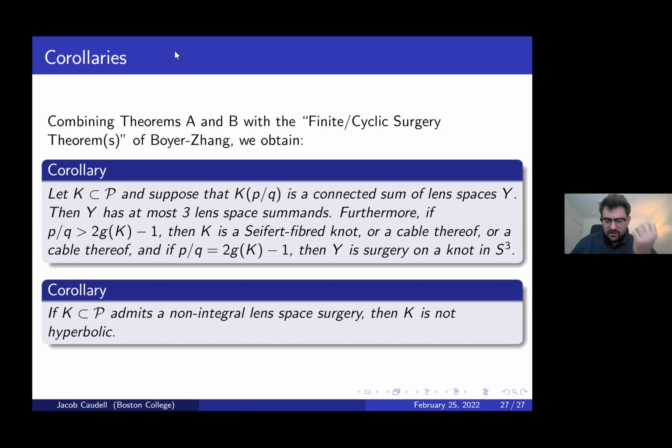And so theorem B says that only these two knots have half-integer lens space surgeries. One of them is Seifert fibered, and one of them is a generalized once iterated torus knot, and neither of those are hyperbolic. So case closed.